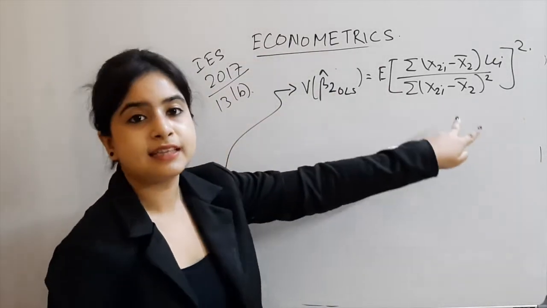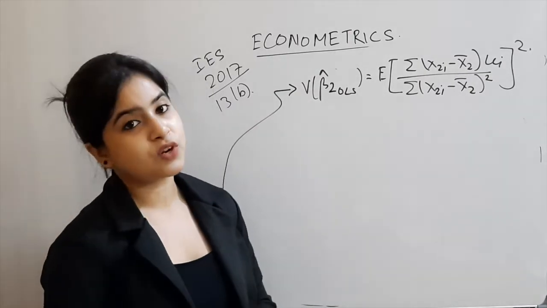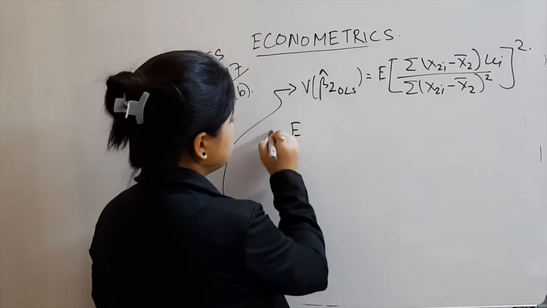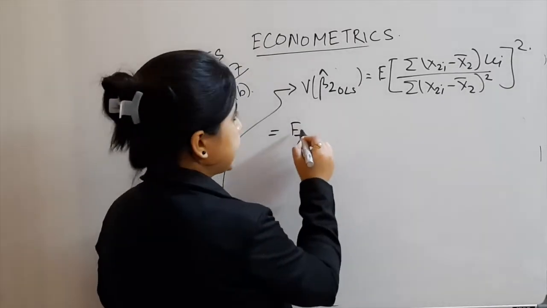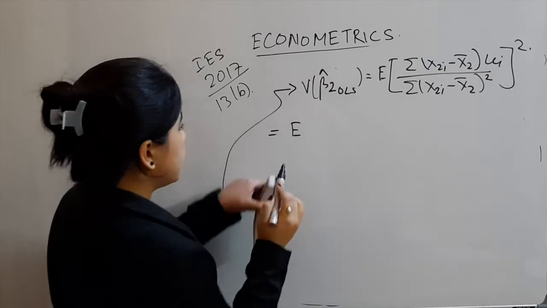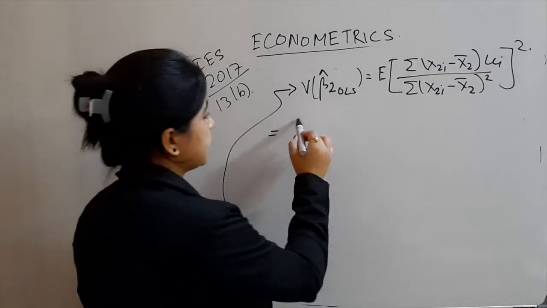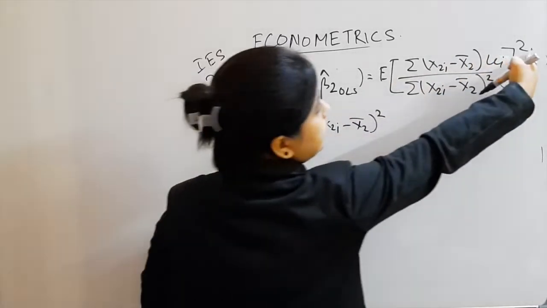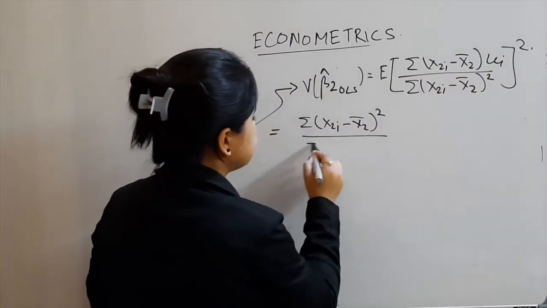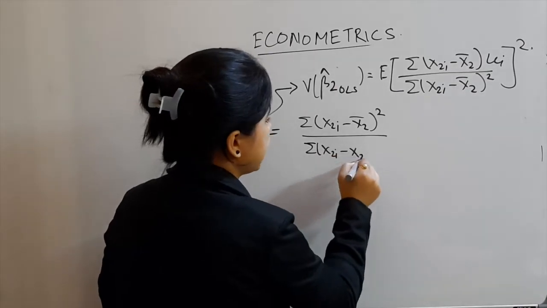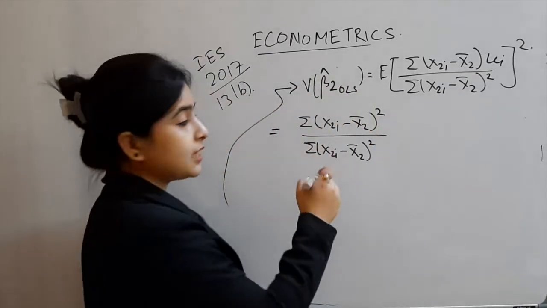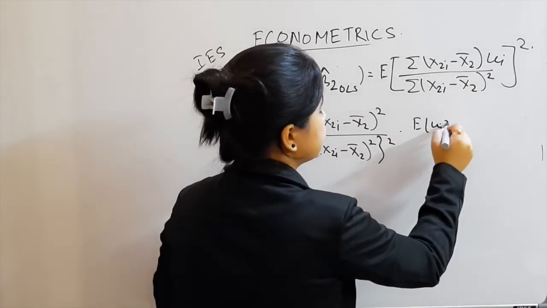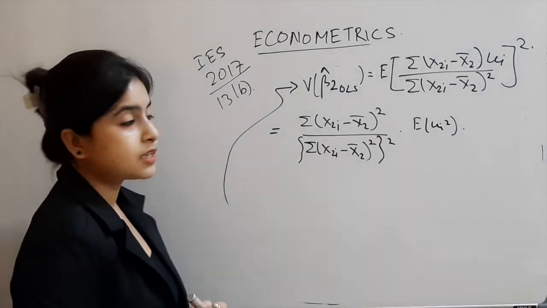Now we need to simplify this in order to get the variance for the OLS. Let's do that. Let's just break it from the beginning. So here we have (x2i − x2 bar) this square because of the outer square, and then divided by summation of (x2i − x2 bar) square, then again whole square, and finally we have expectation of ui square.